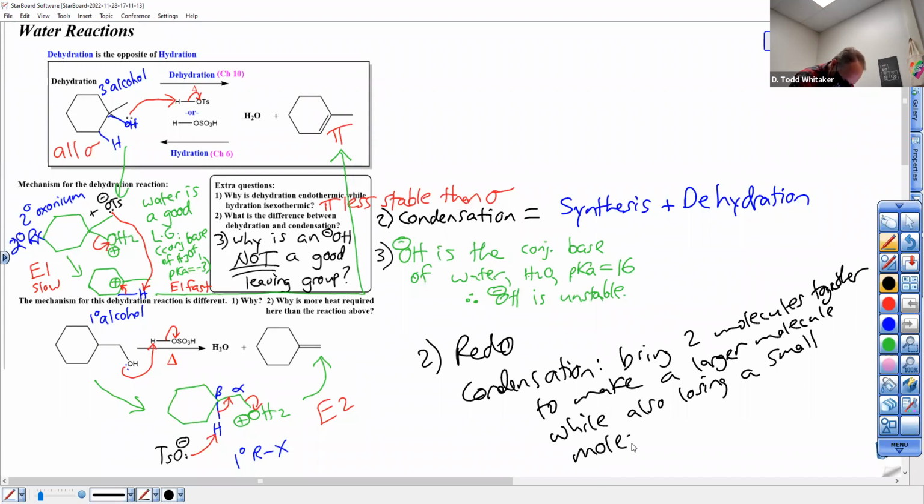Notice I didn't say water. It's very often water. You can write often water. In biochemistry, it's quite common that it's a phosphate group.